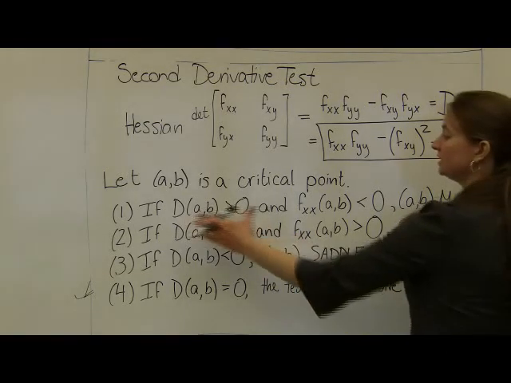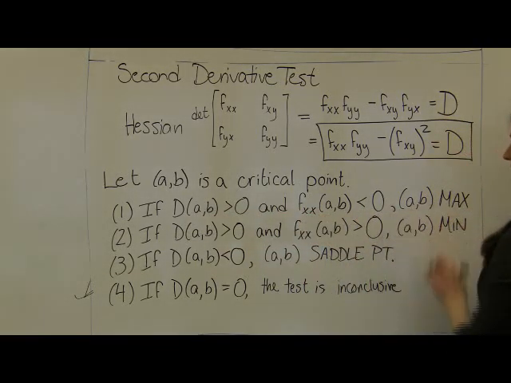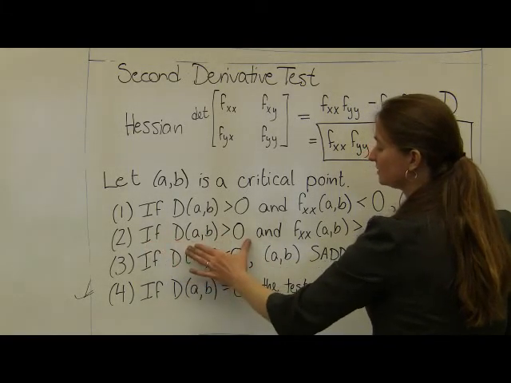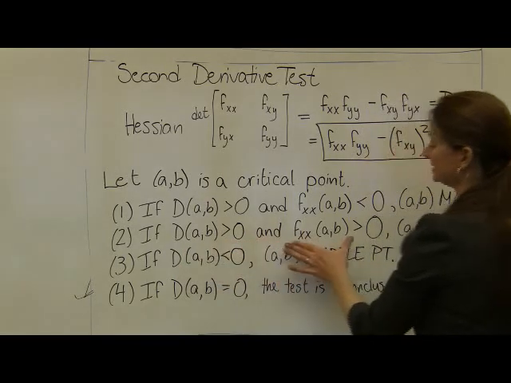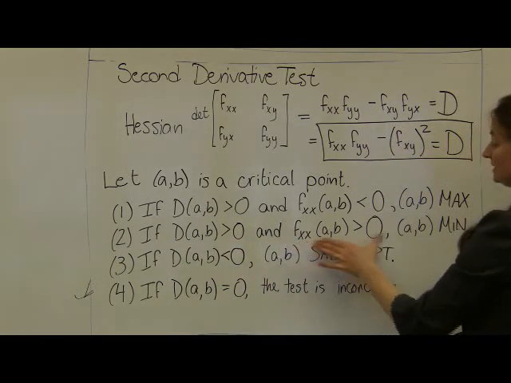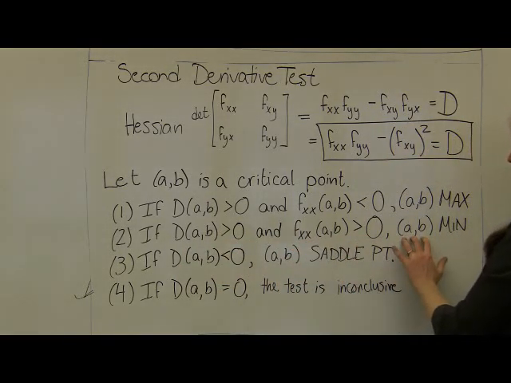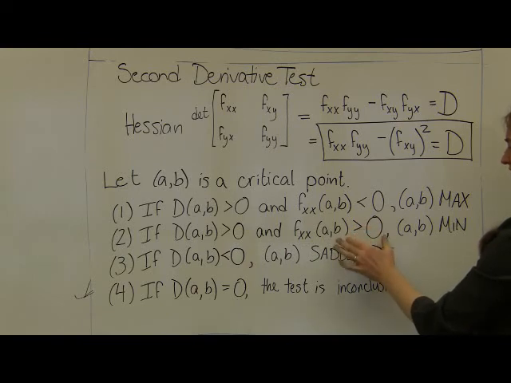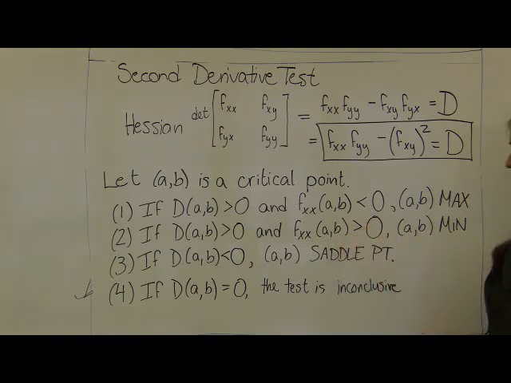You need both criteria for the point to be a max. Similarly, if my discriminant is positive and the second derivative with respect to x is positive, greater than 0, then (a, b) is a minimum value.